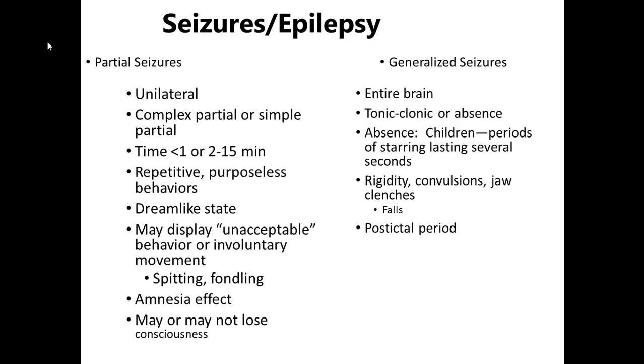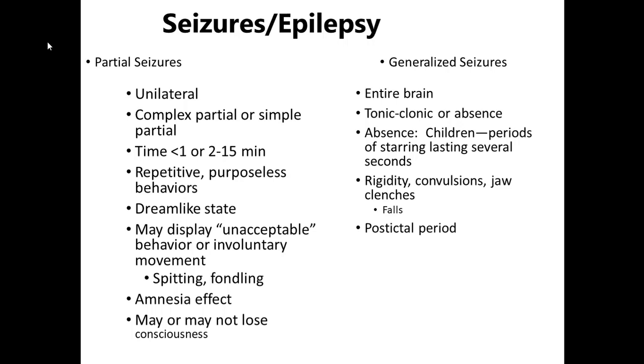Probably one of the most common neurological disorders that you guys will see. So, in a partial seizure, that discharge of cerebral neurons is only on one side of the brain. It can be a complex partial or it can be a simple partial. It can last anywhere up to 15 minutes.